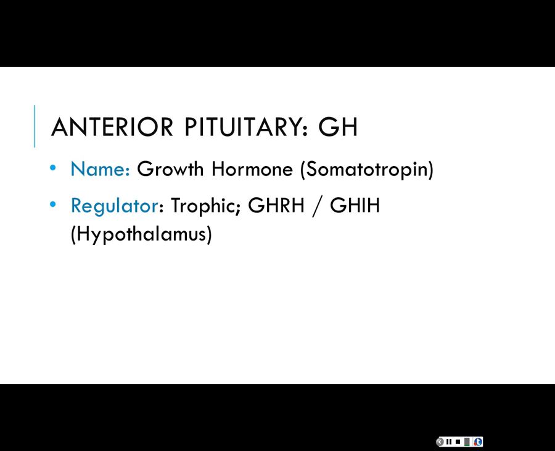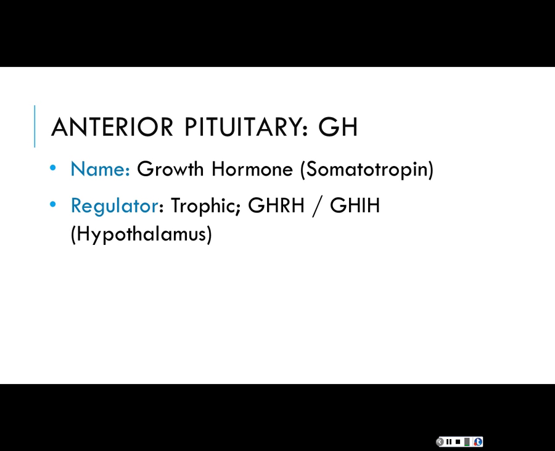Your bones can grow, your skeletal muscles can grow. What do we need? We said to grow, we need energy. And so our fat cells can respond to growth hormone. What do you think your fat cells do? If I'm growing, my fat cells are breaking down, metabolizing, right? Lipolysis. My muscle cells are increasing in size.